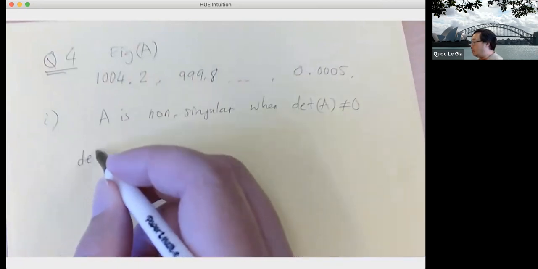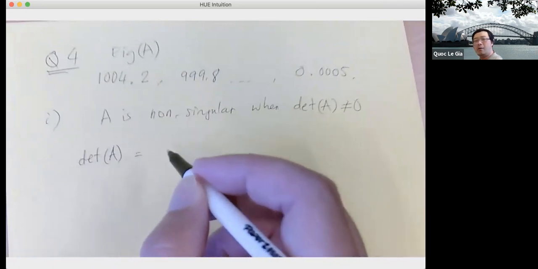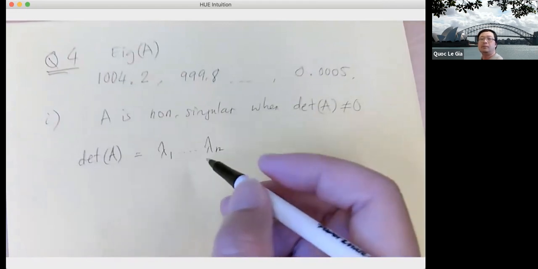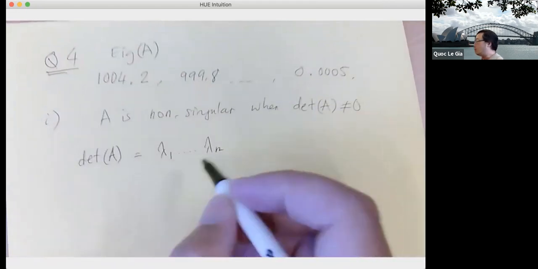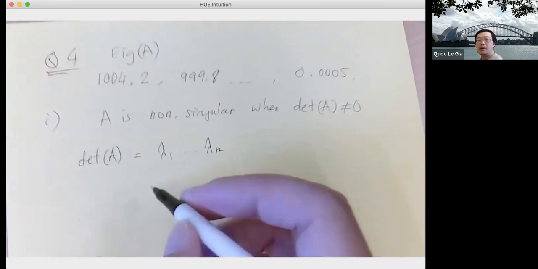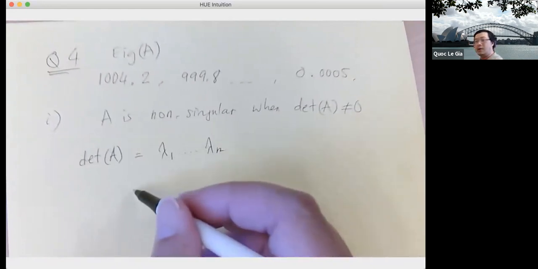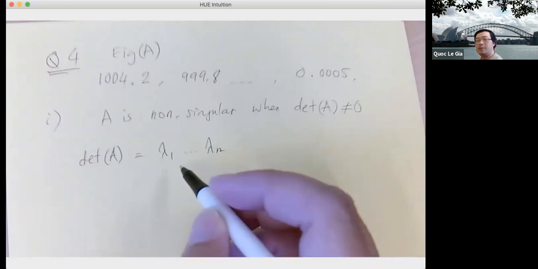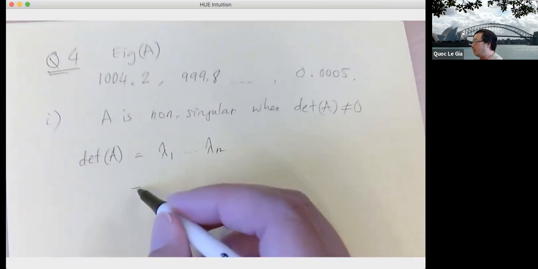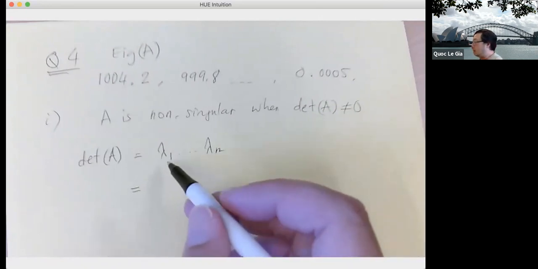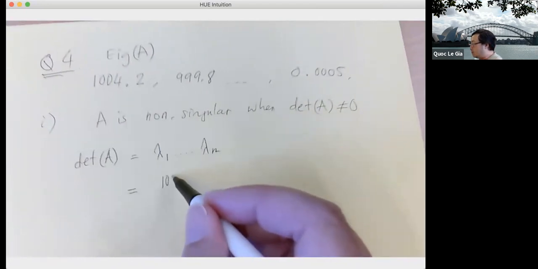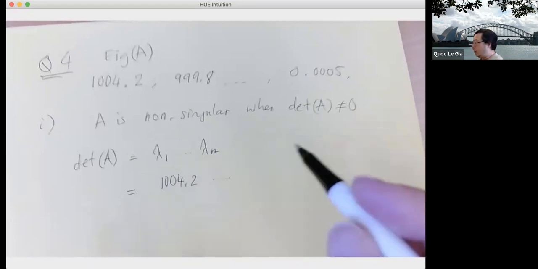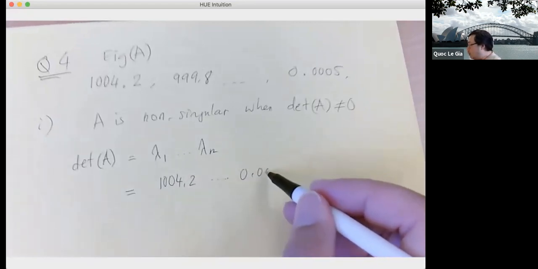And in our case, what is the determinant? The determinant is the product of all eigenvalues. This is a result in linear algebra, and I assume we can use results from linear algebra. I don't remember how to prove it, but I remember the result, and I can look it up. Lambda 1 is 1004.2 something, a positive number, and the last one, the smallest eigenvalue, is still a positive number.